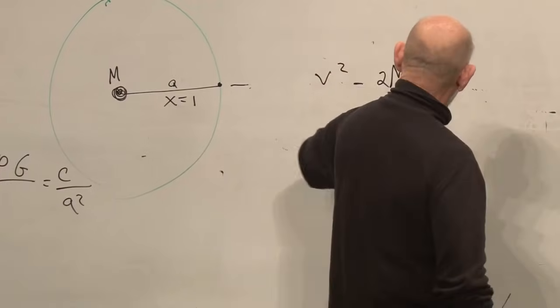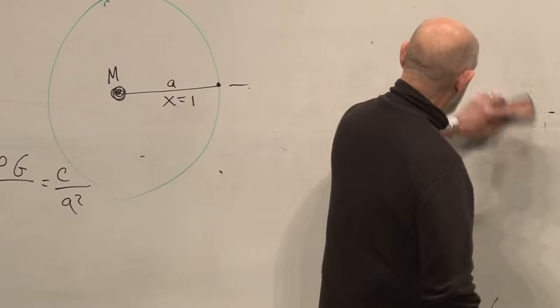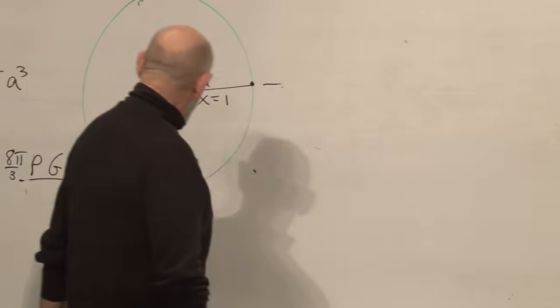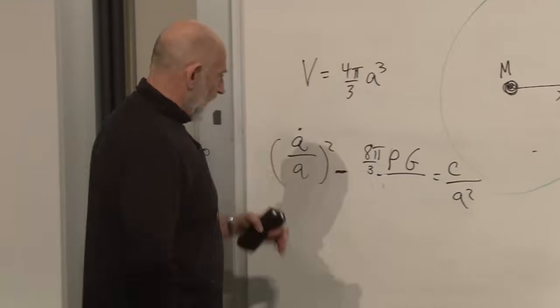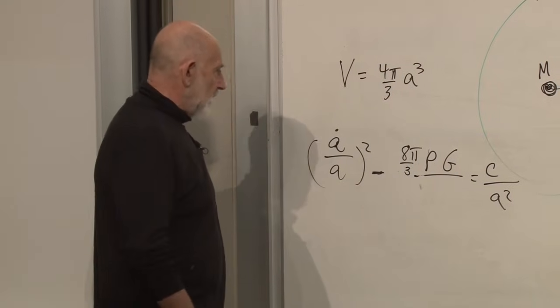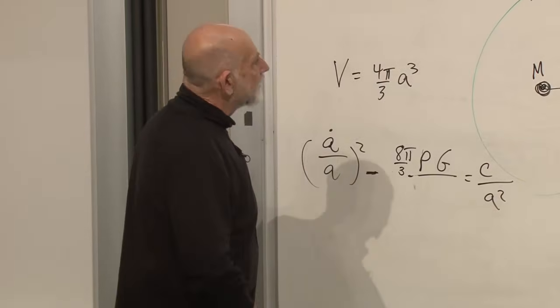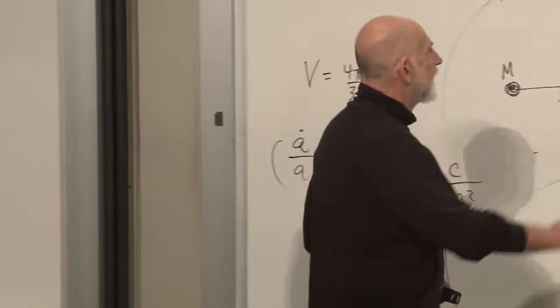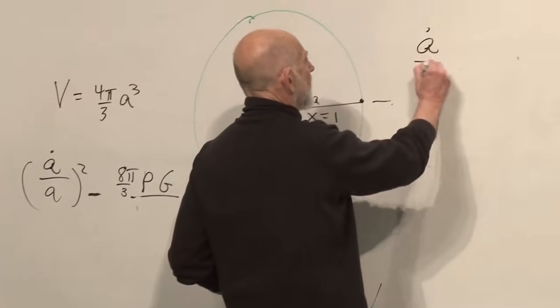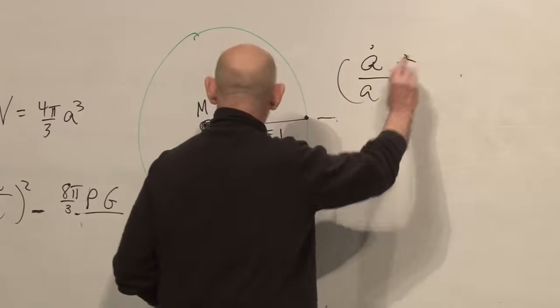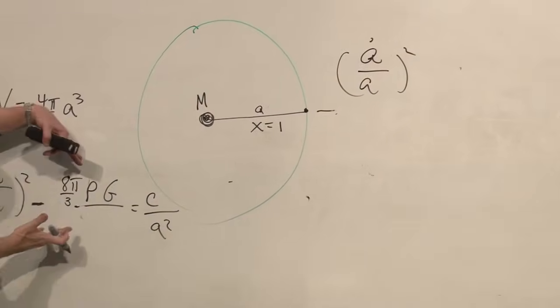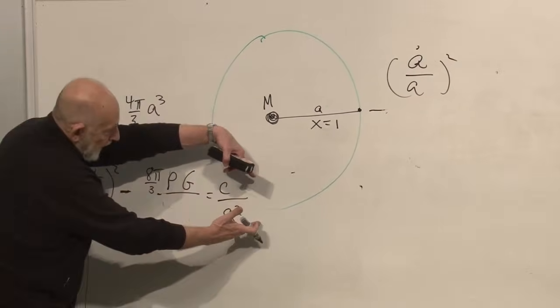And let's examine it a little bit and see what it says. It's not too hard to solve for any given case, but let's not solve it. One other step. Let's write it over here. A dot over A squared, and let's transpose this factor to the other side.